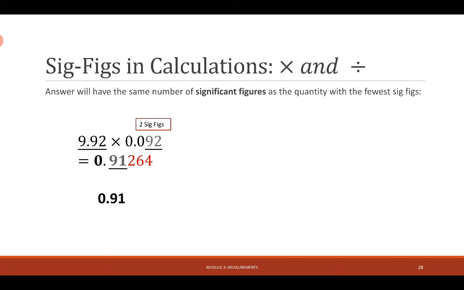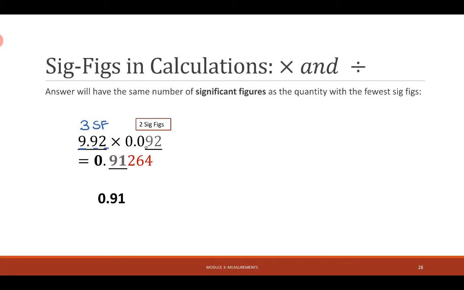they undo each other. So if we are multiplying these two numbers together, then the multiplication rule says that our answer should have the same number of significant figures as the quantity with the fewest significant figures. So if we count how many sig figs are in each number, this number has 3 significant figures, 1, 2, 3.